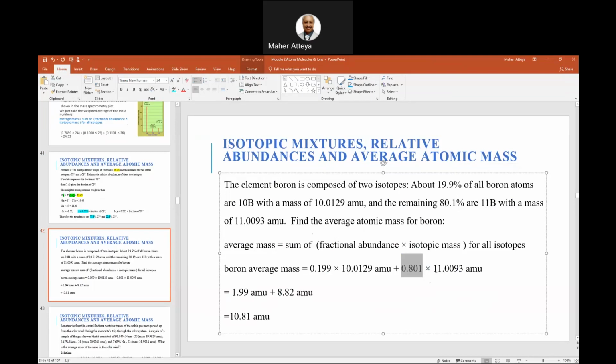And its mass is this. First one has this amount of abundance. Its mass is given to you as 10.129. And then calculate them, and then you get AMU, atomic mass unit.